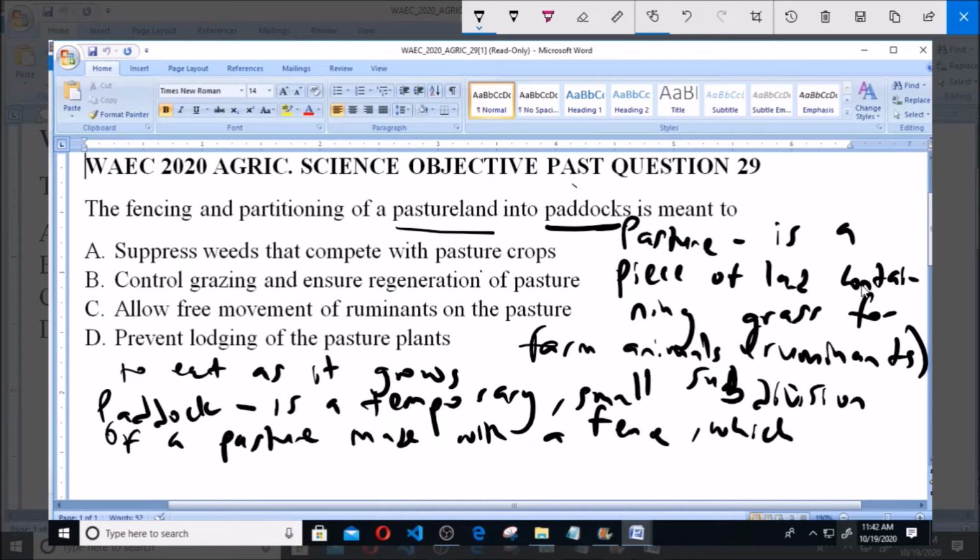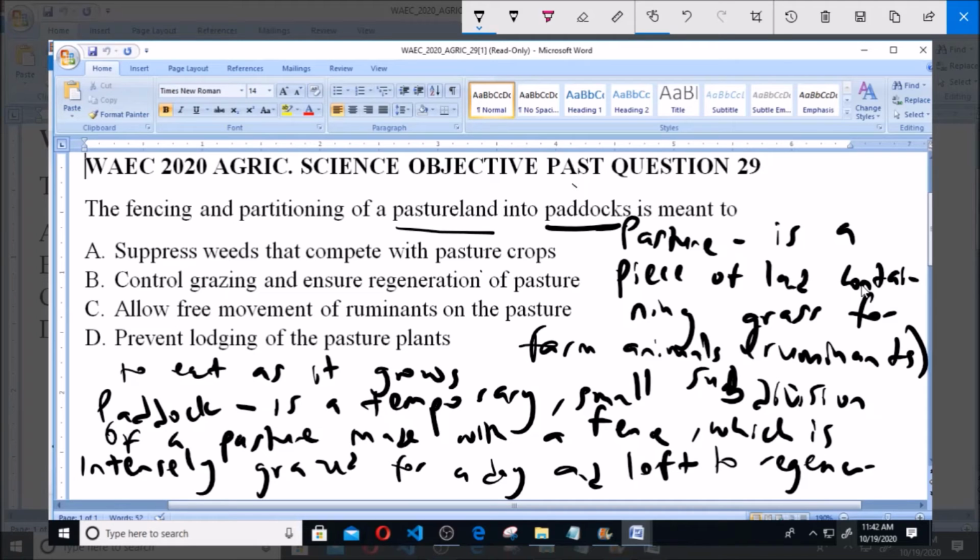That subdivision is intensely grazed for a day and left to regenerate for at least 80 days.